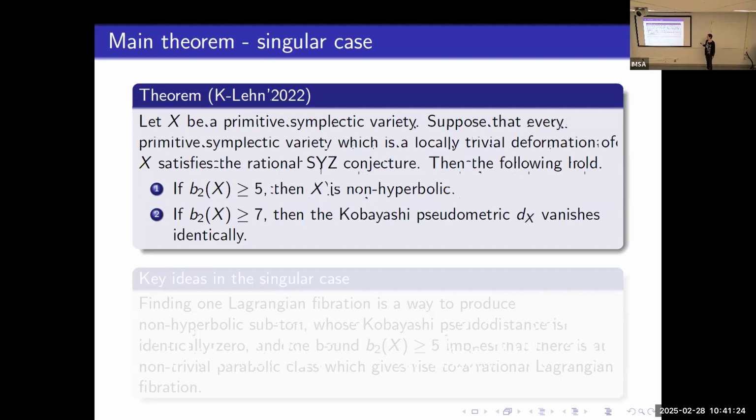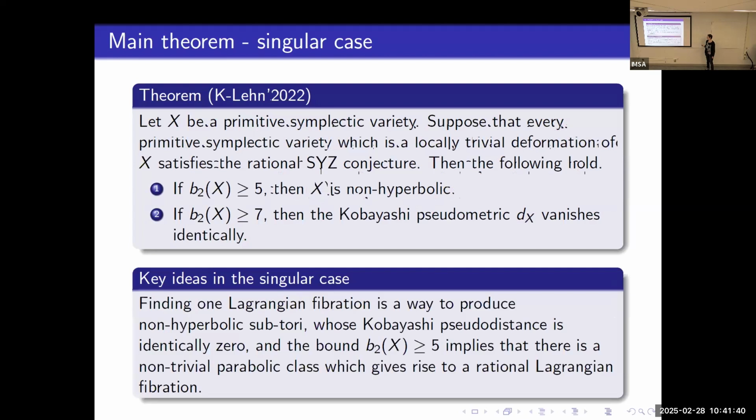Then, if we assume that the second Betti number is at least 5, then we just get non-hyperbolicity. But if the second Betti number is at least 7, then we actually have vanishing of the Kobayashi pseudometric. And so, in the singular setting, we have to come up with some new ideas.